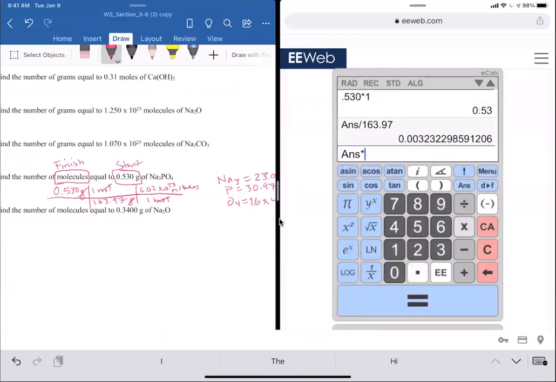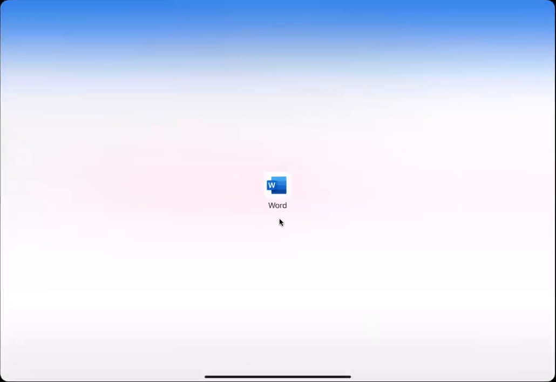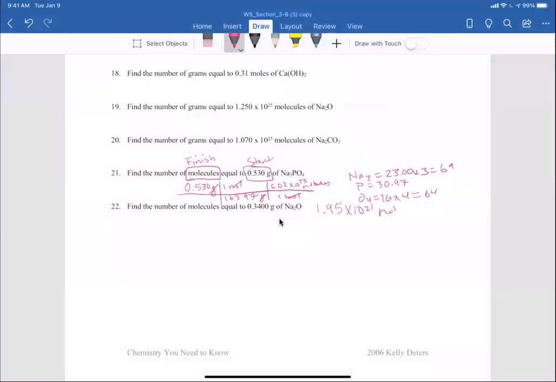We're going to multiply that by 6.02 E 23, divide by 1. And we should get 1.94, so on and so forth, E to the 21. That means our answer is 1.95 times 10 to the 21st. And then we just write molecules.